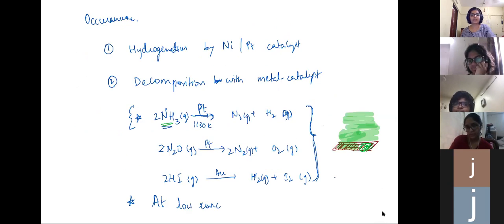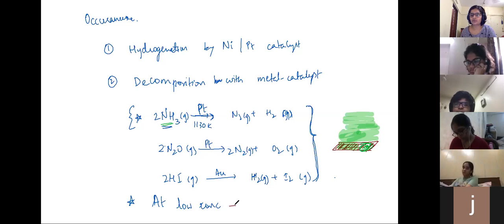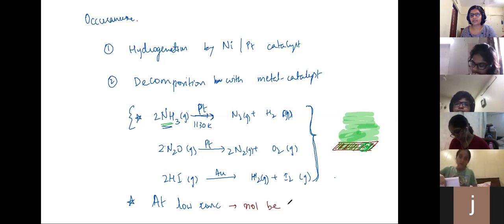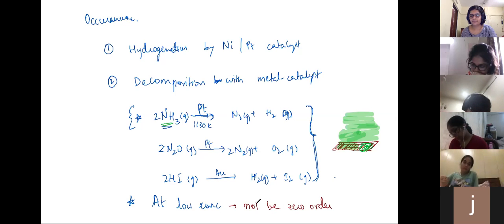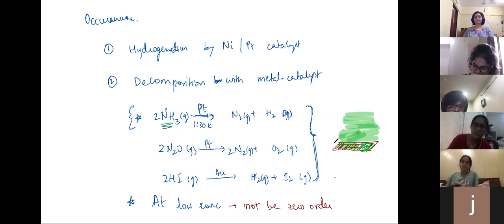Okay, so that's a fun fact, or a note about zero order reactions. At low concentrations, they will not be zero order. Zero order chemical reactions are not universally zero order.